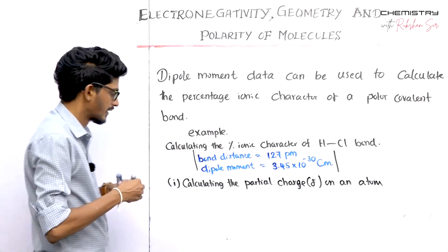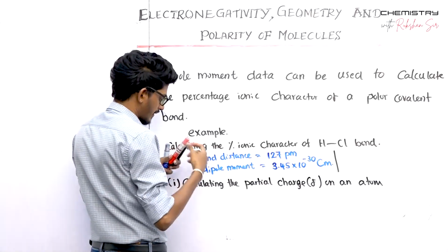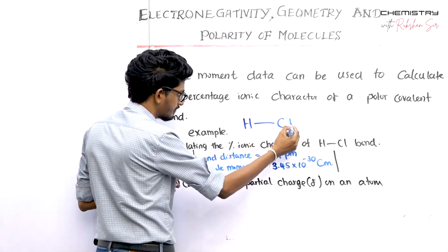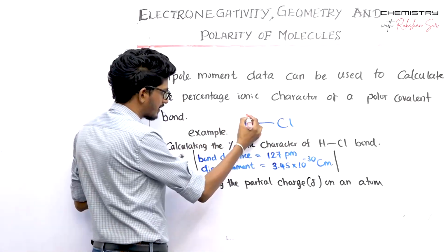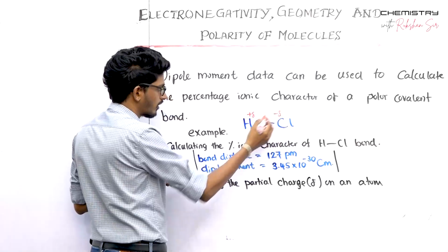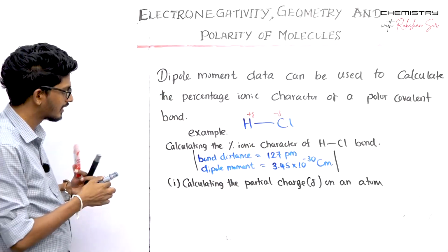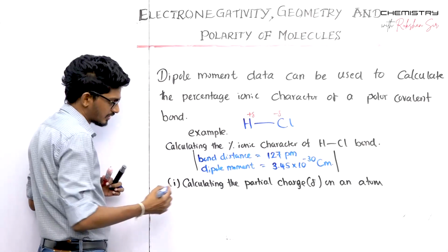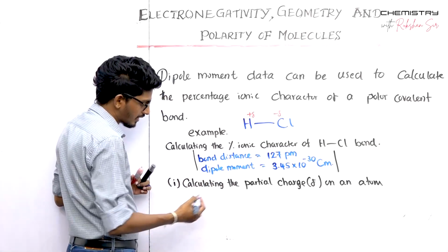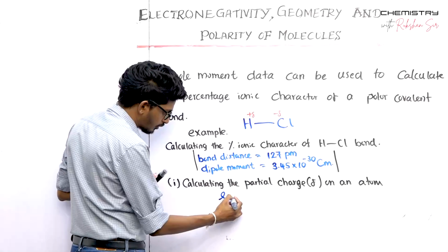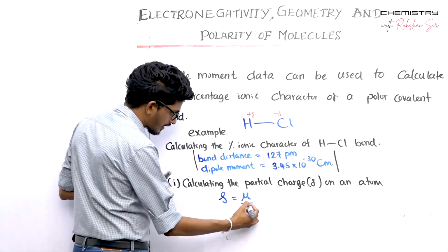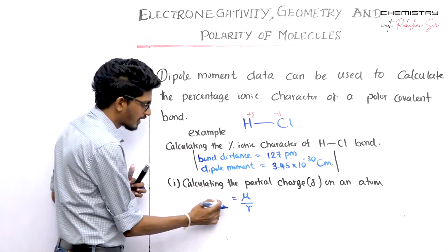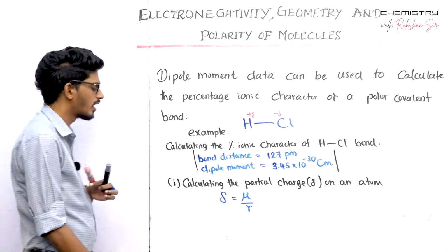You know, HCl is like this, so you have partial charges on the atoms as the bond is polar. We can come up with this delta by applying the dipole moment equation. Mu is equal to delta times R, then delta is equal to mu over R.